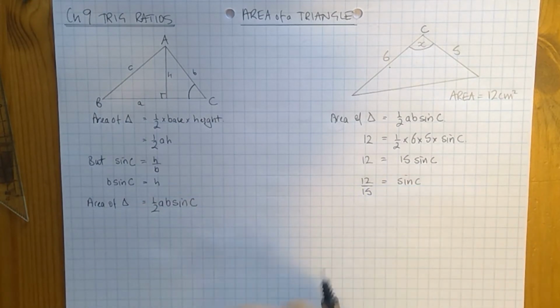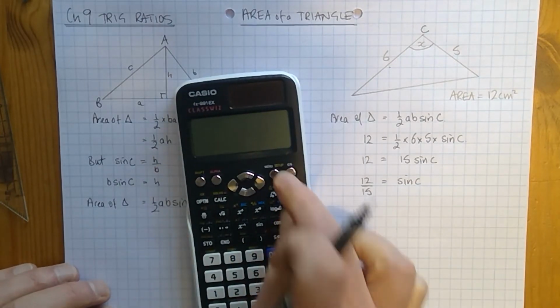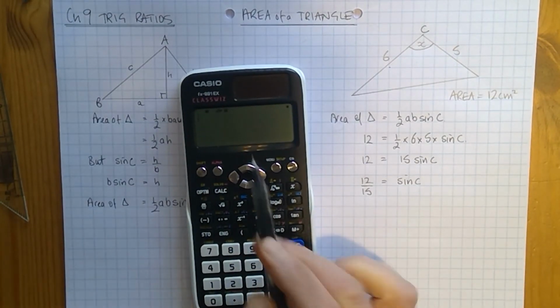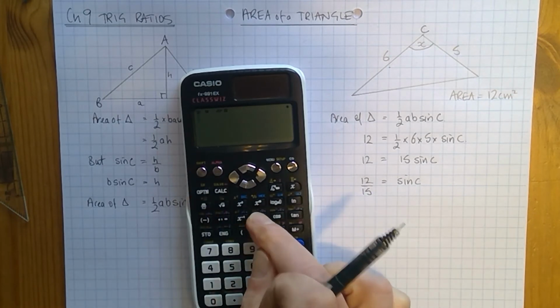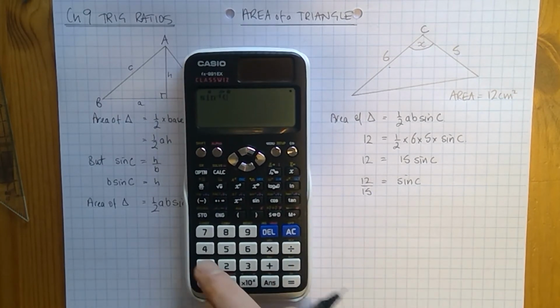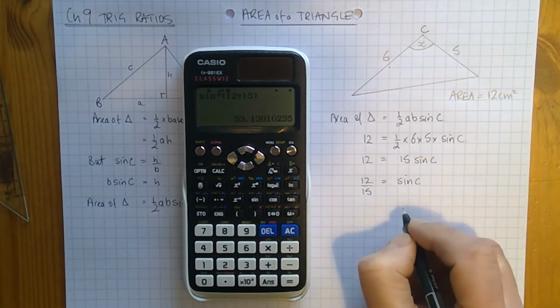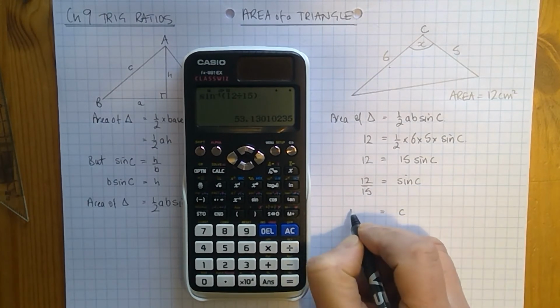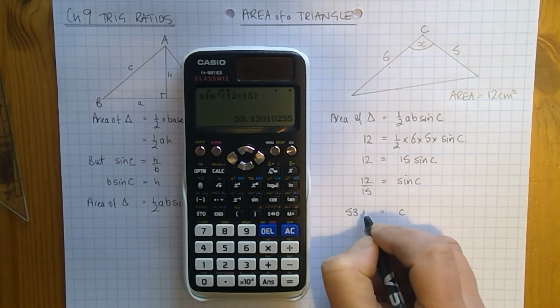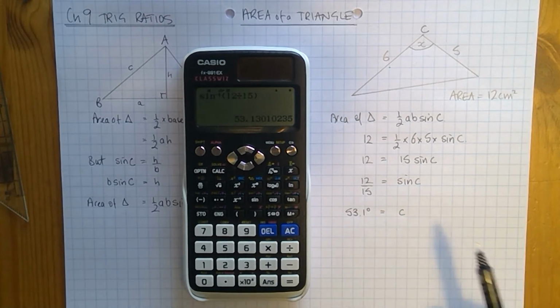Let's put that into the calculator. Make sure I'm in degrees. Shift sine 12 divided by 15 equals C equals 53.1 degrees.